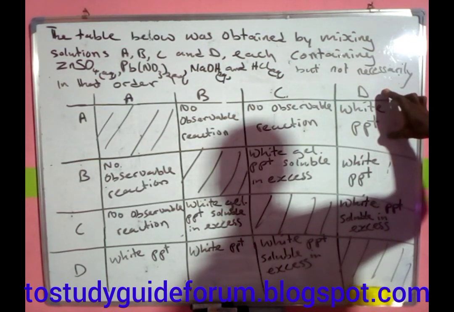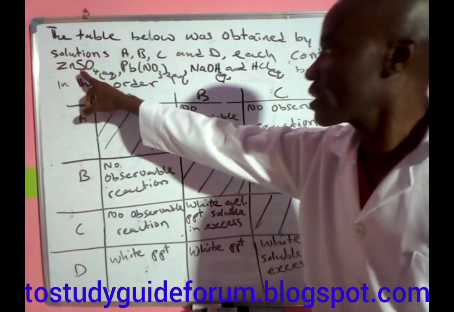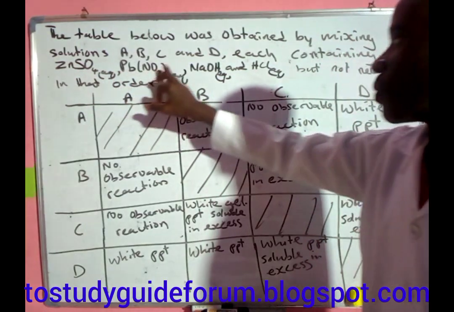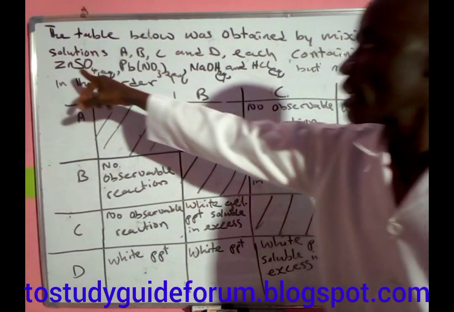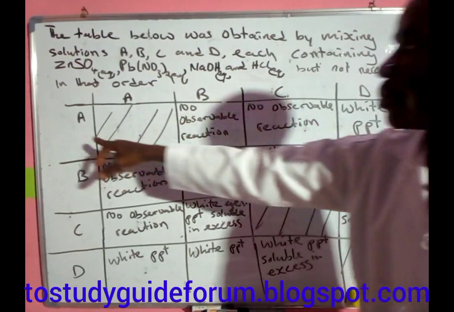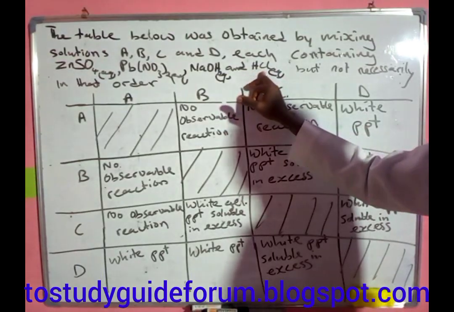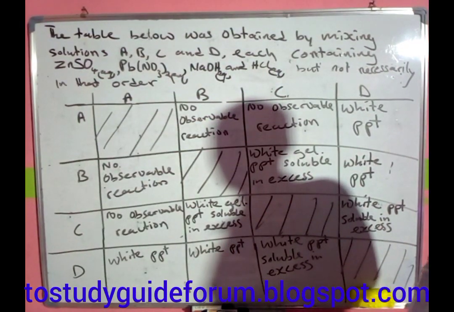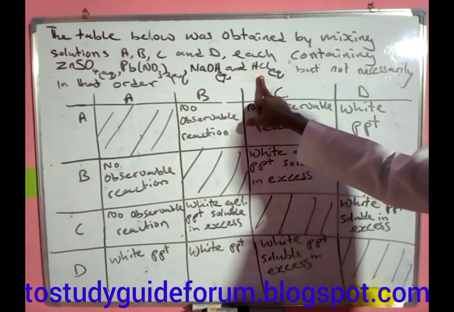If they are insoluble, now you look at what we have here: zinc, lead, sodium hydroxide and hydrochloric acid. Zinc chloride is soluble. Let's assume that A is hydrochloric acid. Zinc chloride is soluble. Sodium hydroxide and hydrochloric acid will not show much effect.